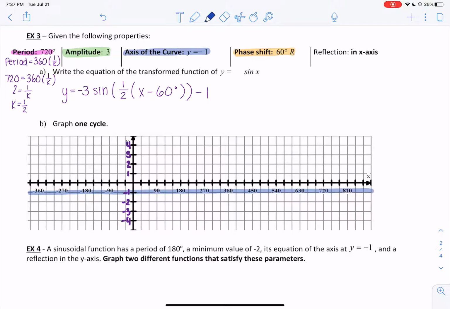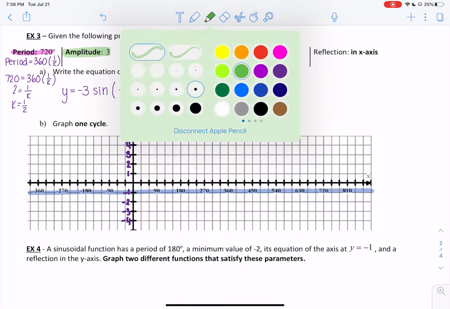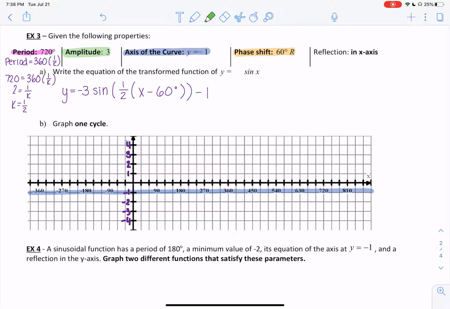I'm going to make sure I put out the whole thing. Next, we are going to graph our amplitude. So our amplitude is 3. So here's our maximum. And our minimum.